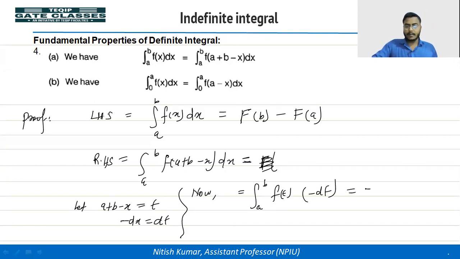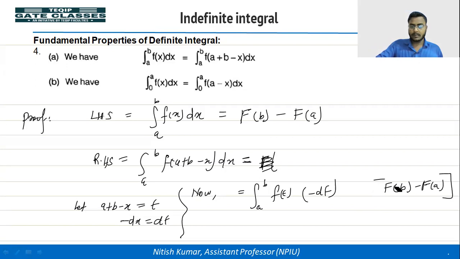We can write here minus function of b minus function of a. Right? We can see here. So no, you can wait. Limiting value also we have to change.